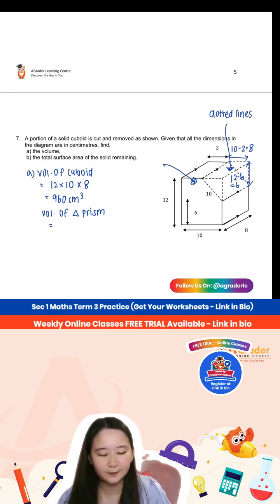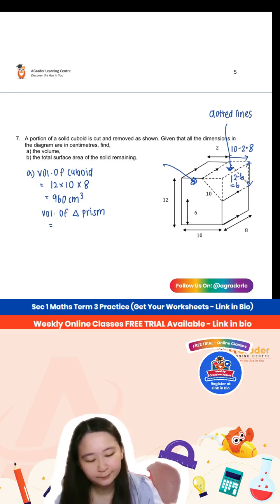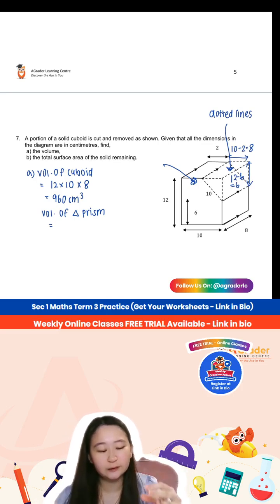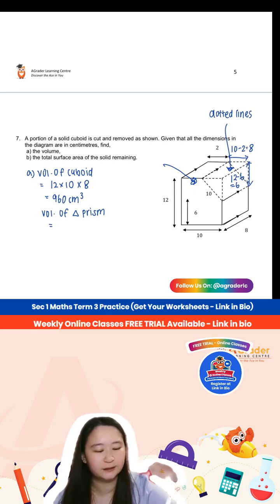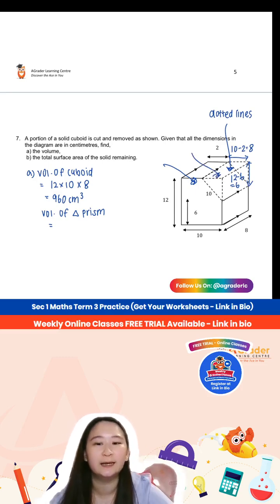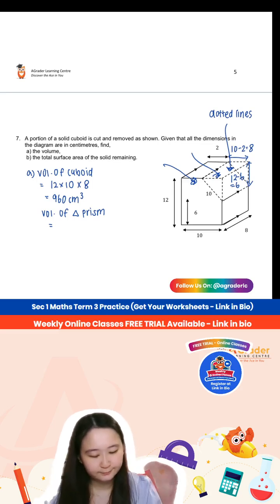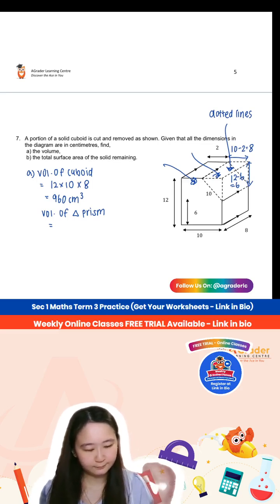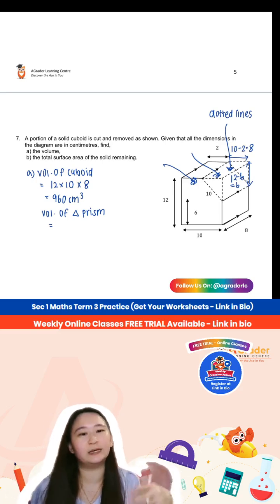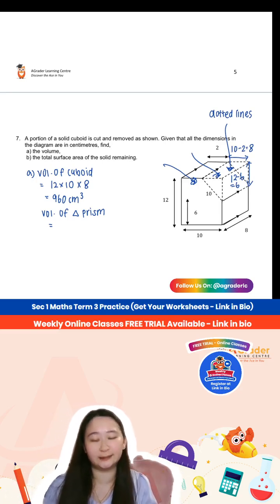Basically, they're just asking for everything that is remaining. Even when we are looking at the diagram, it also didn't show you the part of this triangular prism. It's not there. So definitely they can't be asking you for the full cuboid itself.